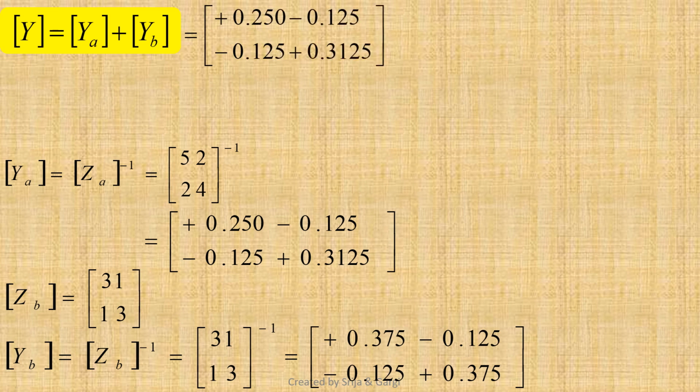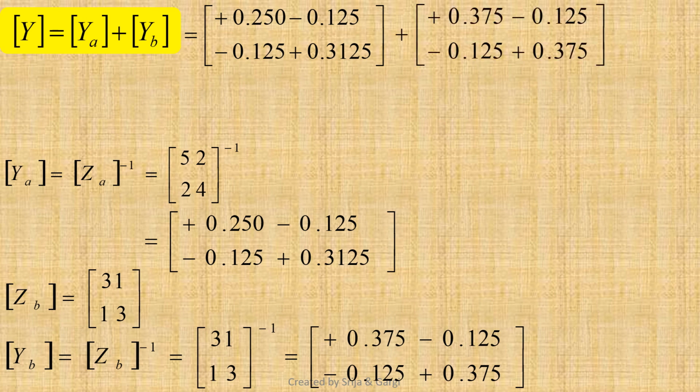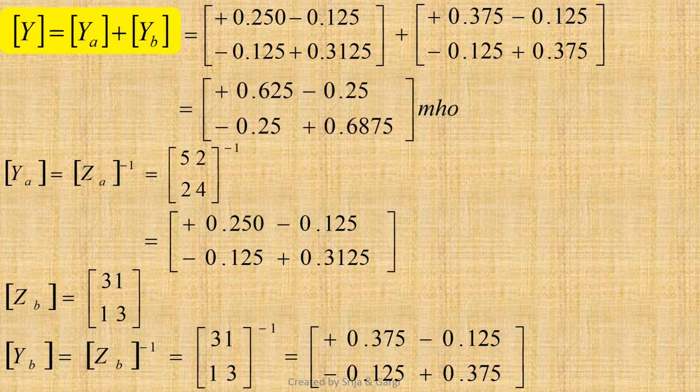Therefore, we get matrix of 0.25, minus 0.125, minus 0.125, 0.3125 plus matrix of 0.375, minus 0.125, minus 0.125, 0.375. That gives us matrix of 0.625, minus 0.25, minus 0.25, 0.6875.